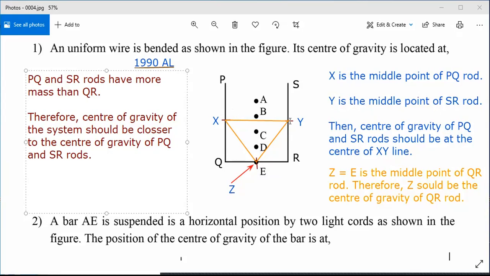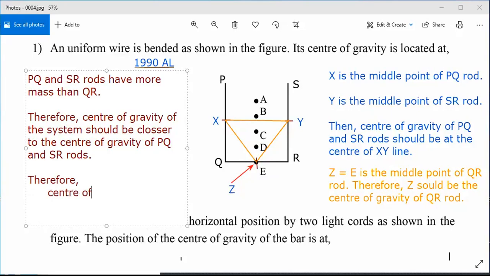So the center of gravity should be closer to XY line. Therefore, the center of gravity is C. Please read the entire description, check whether you can understand.